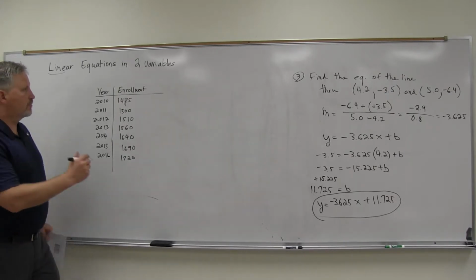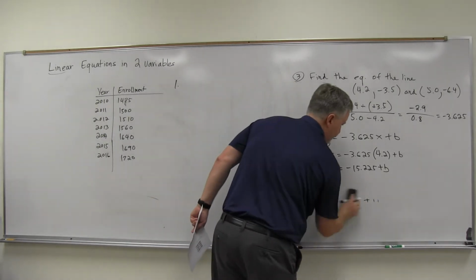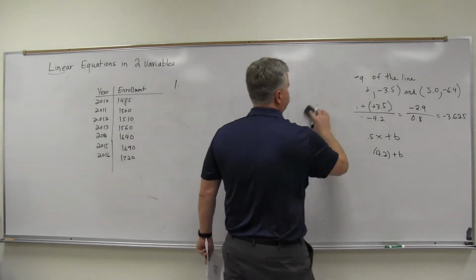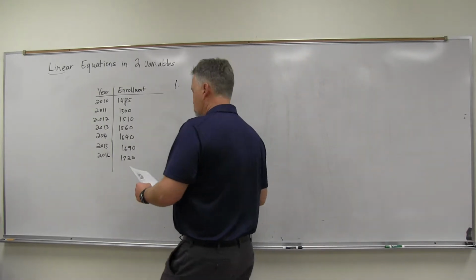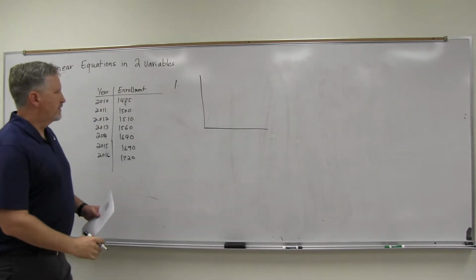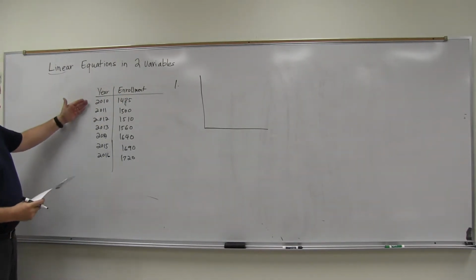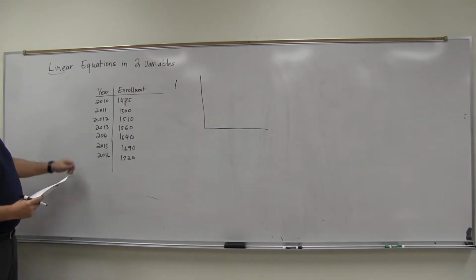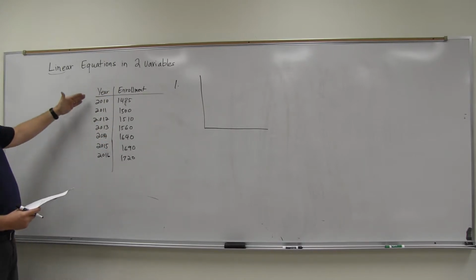Okay, so number one, yeah, we talked about scatter plot, so let's just put a scatter plot in for this one. All right, so yeah, our data is upper right quadrant. We'll let the X here represent the year on the X-axis, and then the enrollment on the Y-axis.